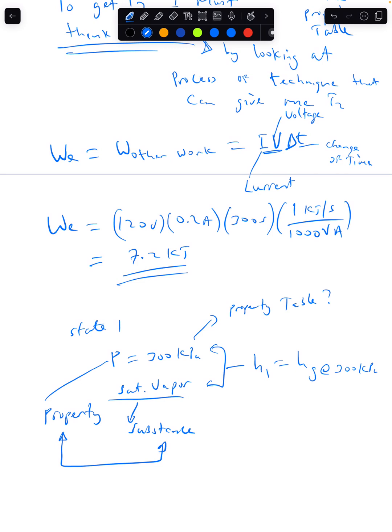Therefore I'm going to have steam, which is water, and the table which I'm going to use here is table A5, because I have saturated vapor, which is steam water, at a pressure of 300 kilopascal.